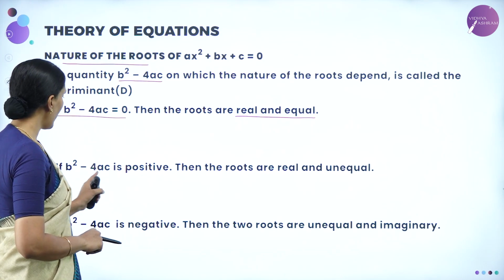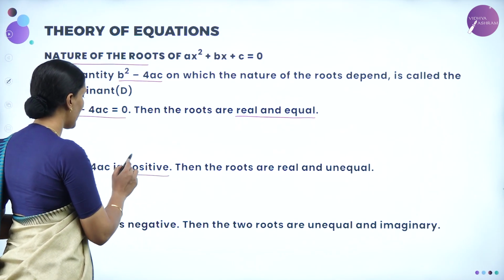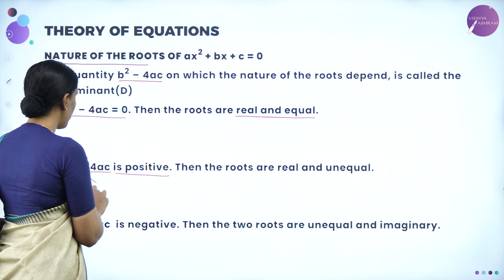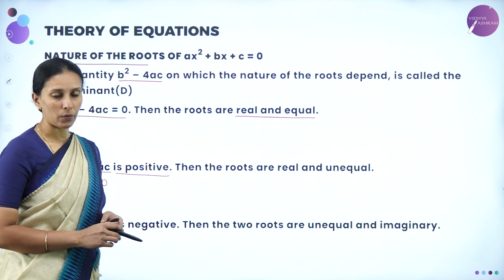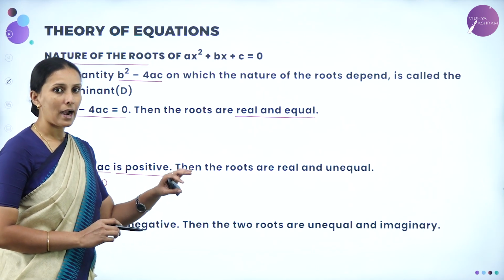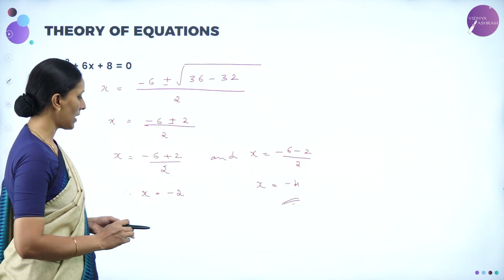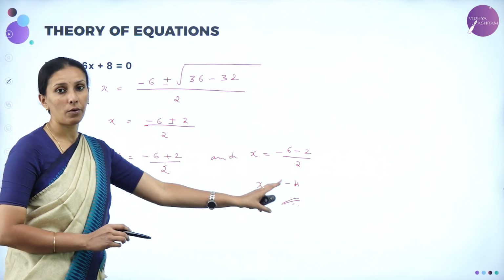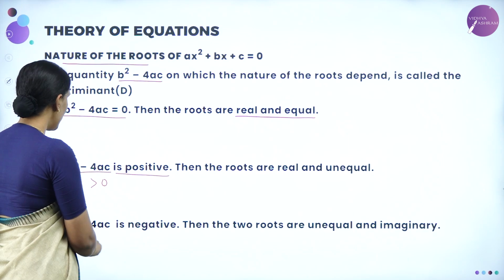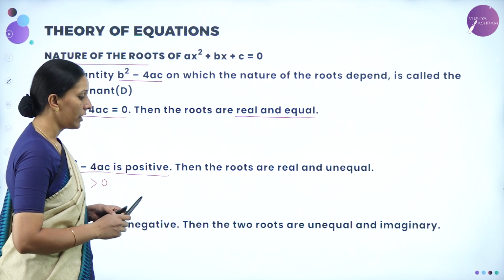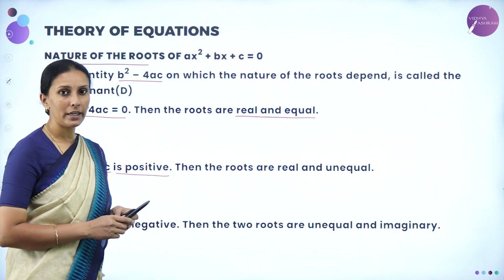Next, if b square minus 4ac is positive, when I say positive, this value must be greater than 0, then the roots are real and unequal. That means the roots are real numbers and there are two different roots. For example, x is equal to minus 2 and x is equal to minus 4 are real roots and they are different. Next, if b square minus 4ac is negative, then the two roots are unequal and imaginary.